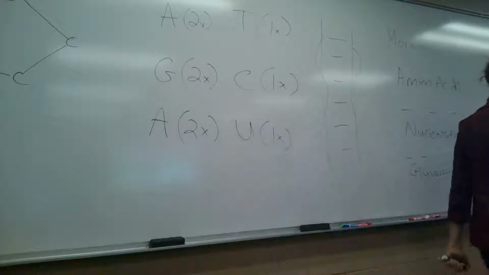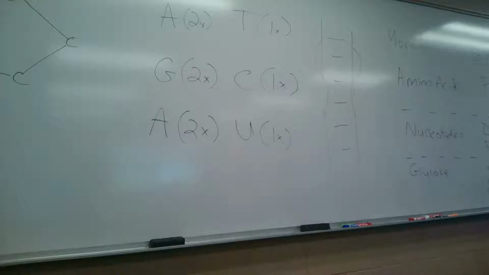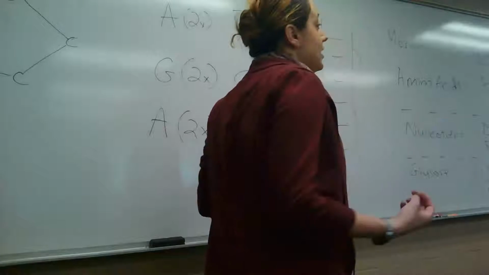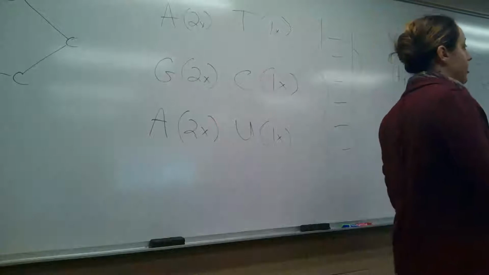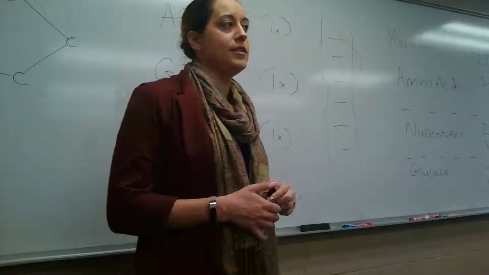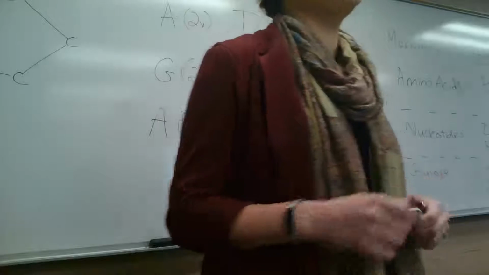And DNA is deoxyribose because if you look really closely here, it has a hydrogen on this second carbon, whereas RNA has a hydroxyl, so it has an additional oxygen. And so that's the only difference in terms of the sugar between DNA and RNA. Pretty small difference, but it's very significant chemically.